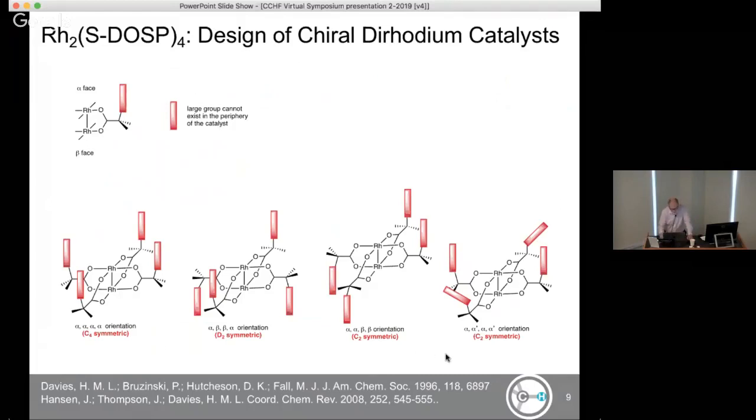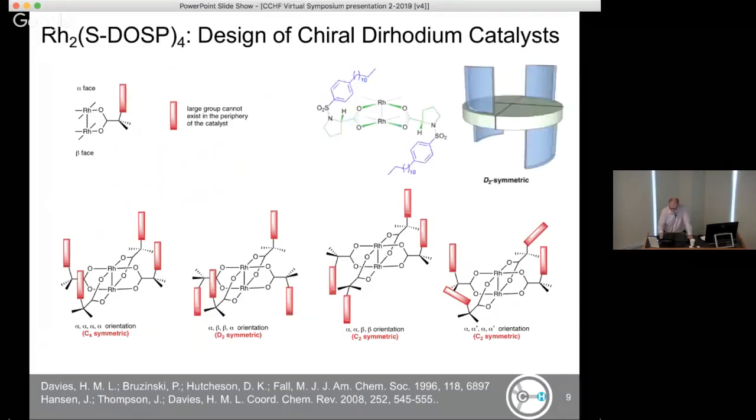And so we proposed actually, if the groups were all up, it could be C4 symmetric. If it was up, down, it could be D2 symmetric. If it was 2 up and then 2 down, it'd be C2 symmetric. And indeed, we made the hypothesis that rhodium DOSP was behaving in this D2 symmetric arrangement.